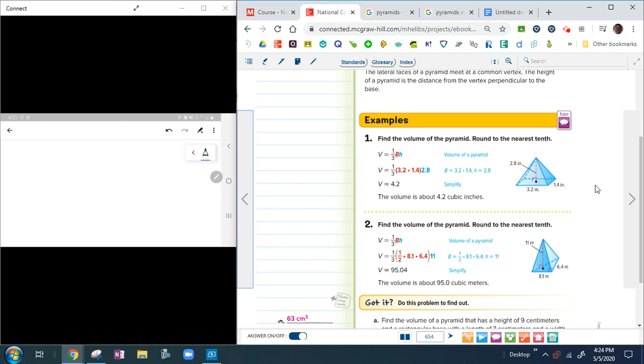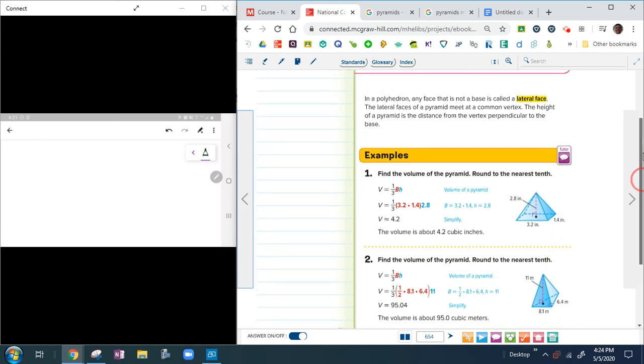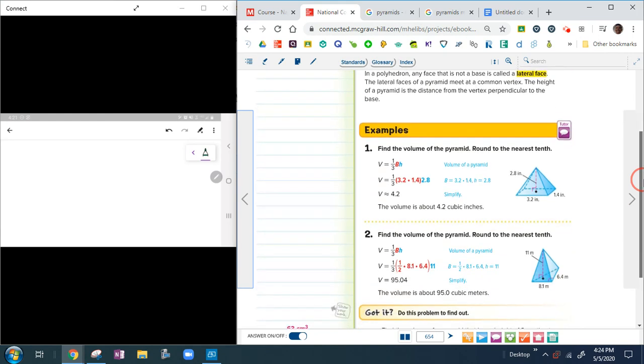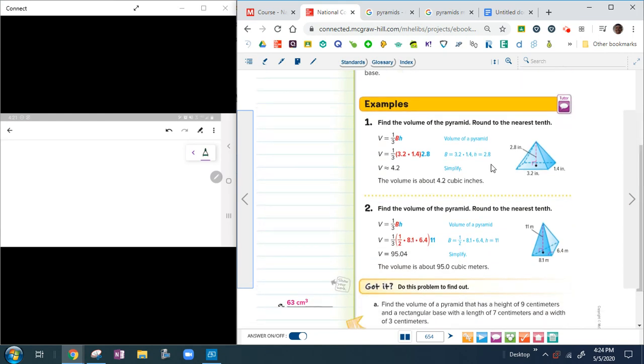So this is a pyramid, and then we know, oh, let's go find the volume formula for a pyramid. All right, so first step, identify the shape. If you can't identify the shapes, if you don't know the shapes, then you will not be very successful in any of these geometry lessons. All right, so this is a pyramid, and then you find the formula and write it down.